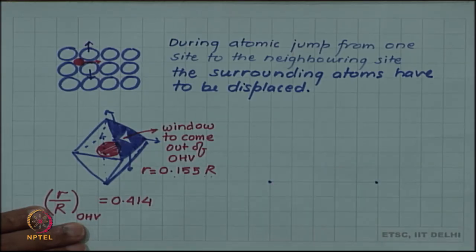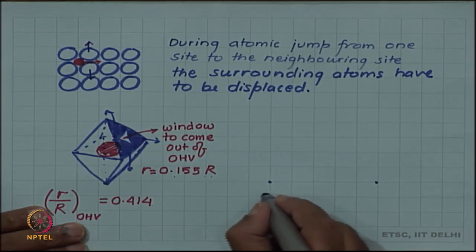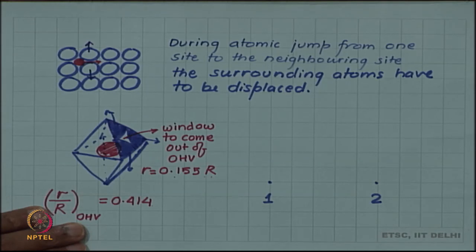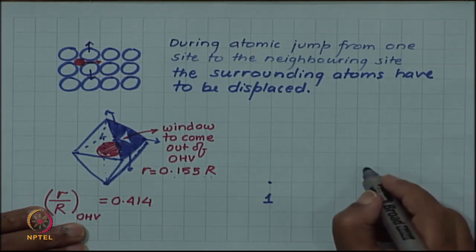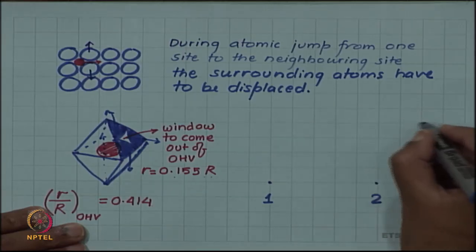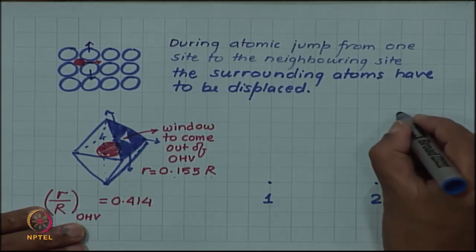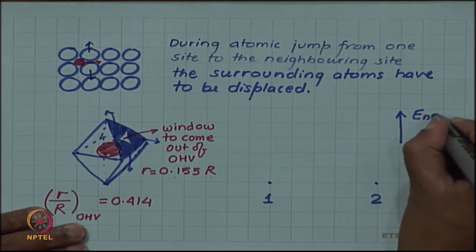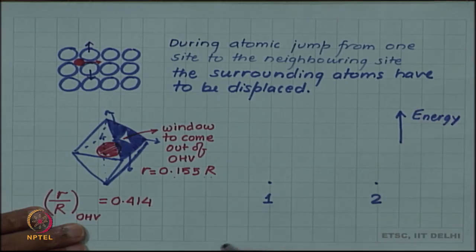So, let us call this interstitial site 1 and this a neighboring interstitial site, and the y axis is energy, and this is position.